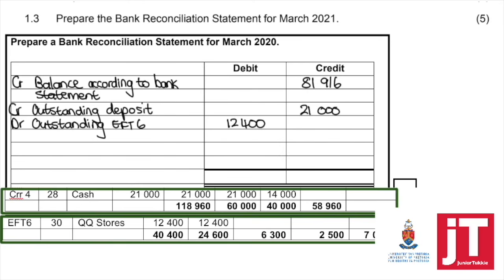Our new updated balance as per bank account is always as it would appear in your books. We had a debit balance, so it will appear in the bank recon on the debit side. And now, once I've done with this, the debit side must be equal to the credit side.